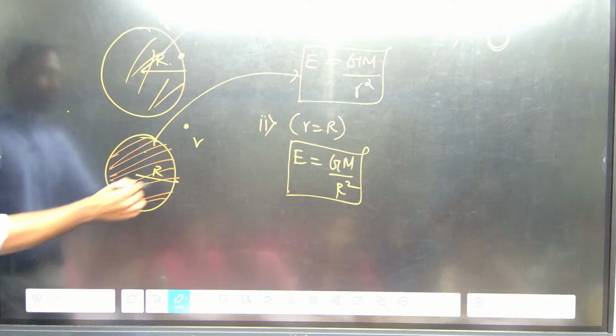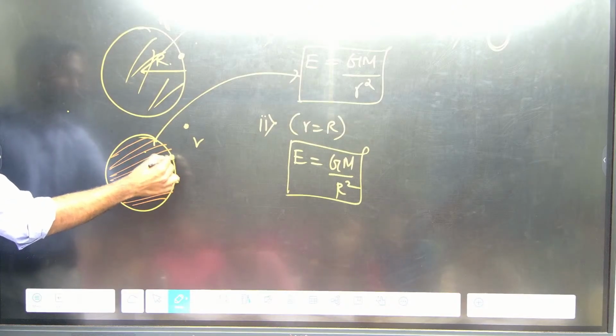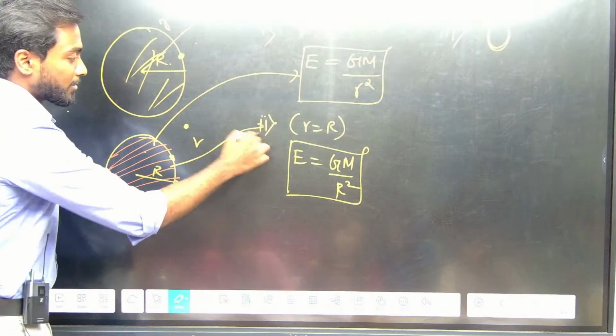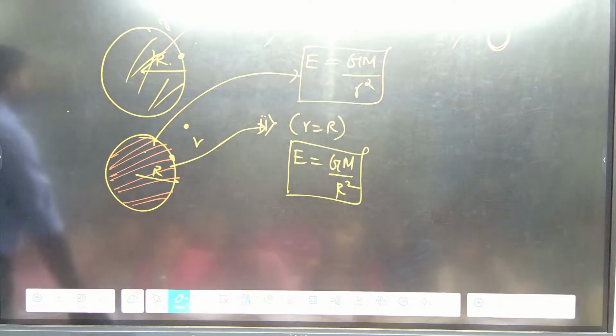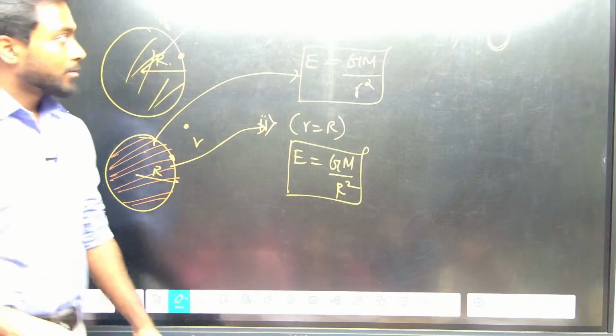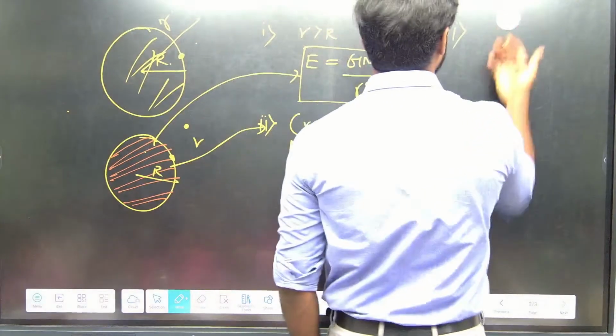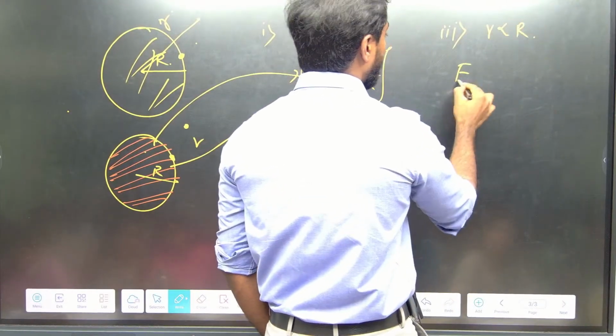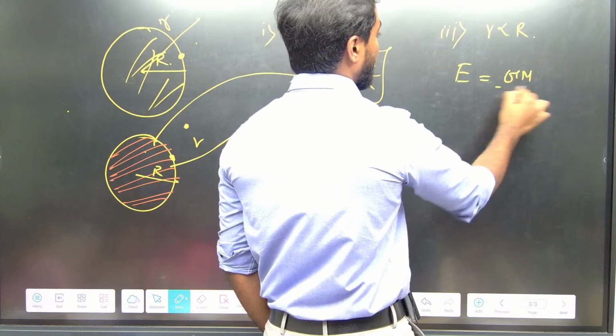On the surface of the shell, r will be equal to R. Same formula, E is equal to GM by capital R square. Next condition is r less than R: E will be equal to GMr by R cube.